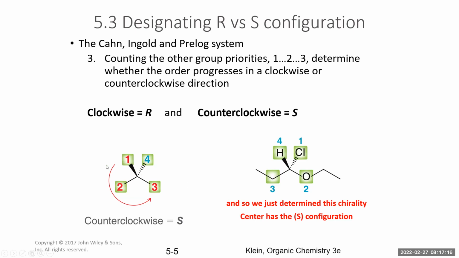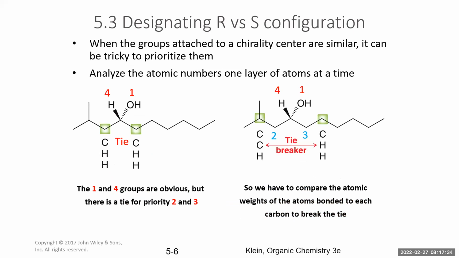If it was a counterclockwise rotation, like in this example, then we call this chiral center S. So we just determined that this carbon, which is a chirality center, has the S configuration by applying those 3 steps in order.